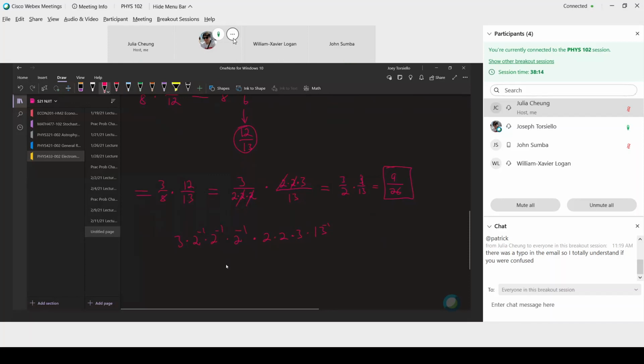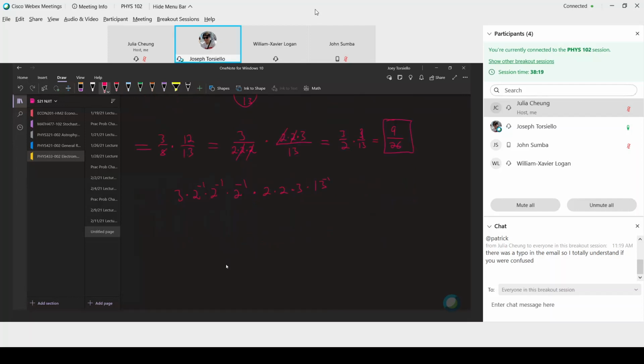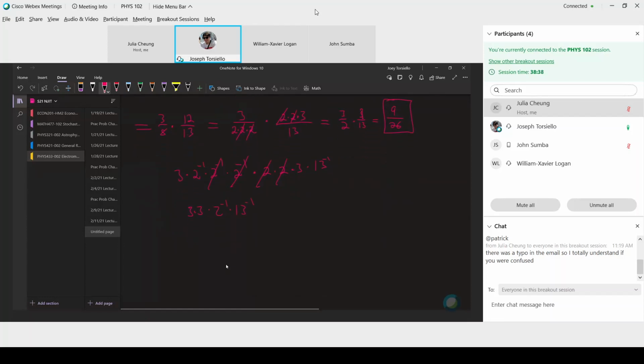So this will just be 1, and then 1 times anything is just itself, so you don't even really have to consider it. You can think of them as just canceling out in a way. And overall, you end up with 3 times 3 times 2 to the -1 times 13 to the -1. And anything with a -1 is just 1 over itself. So it's just 3 times 3 times 1/2 times 1 over 13.